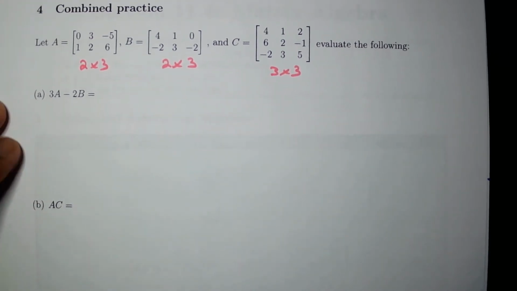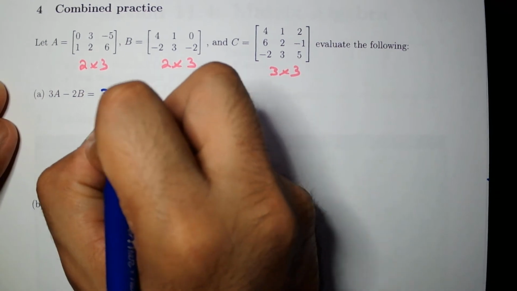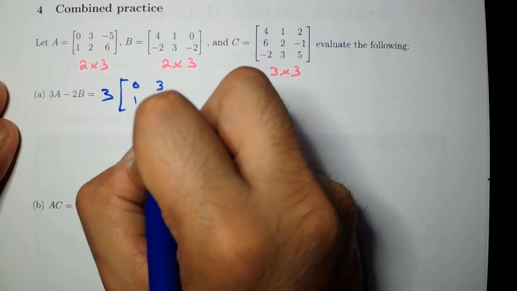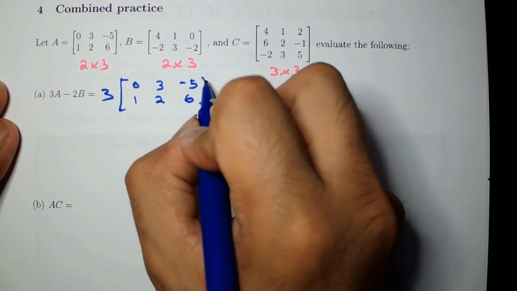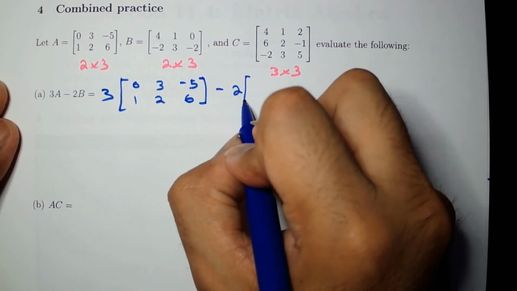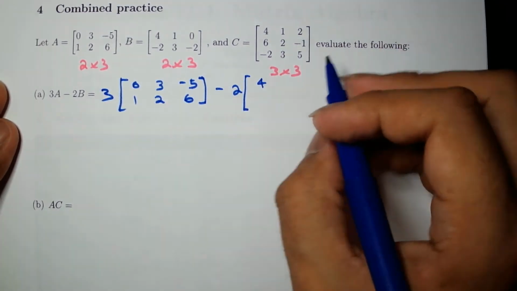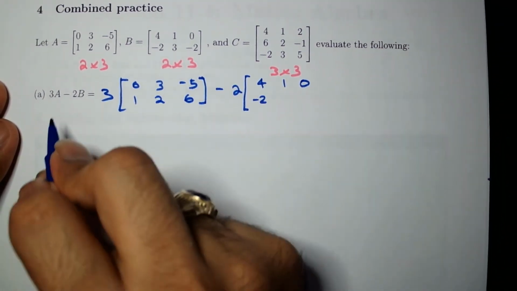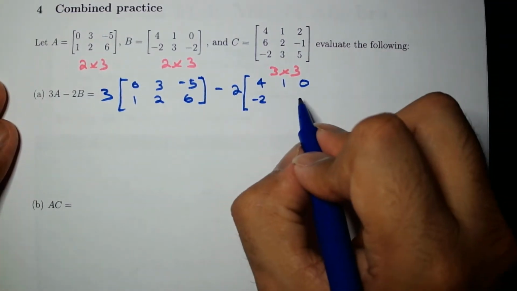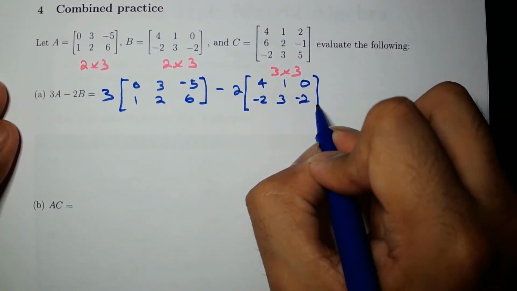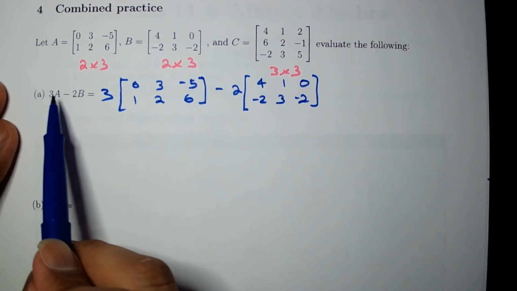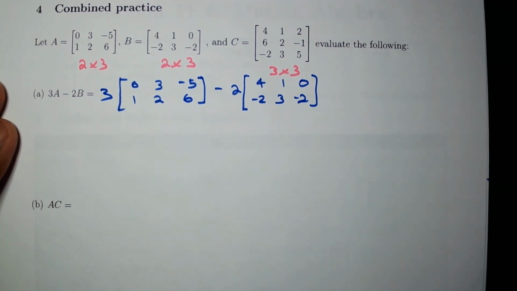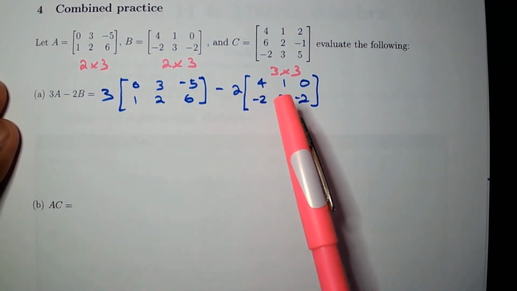Okay, 3A minus 2B, that is 3 times the first matrix A, which is 0, 1, 3, 2, negative 5, 6, minus 2 times the second matrix. And by the way, this subtraction, that's still an addition with a negative term. It's possible because in order to add or subtract two matrices, they have to have the same dimensions. In this case, 2 by 3 and a 2 by 3.